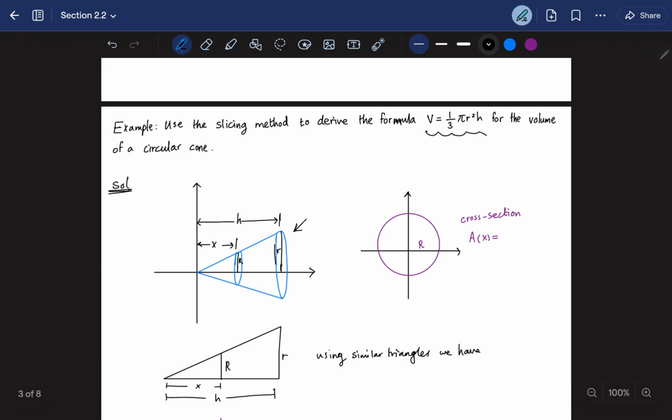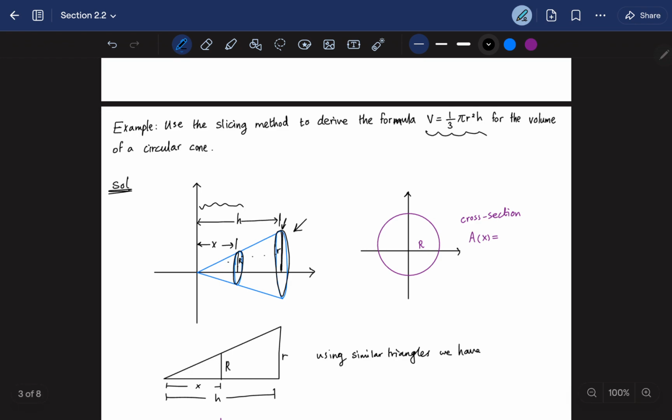If you take a cross section here, you're going to have a circle with radius r, for example. But if you take a cross section here, you're going to have another circle, but with a different radius. So that's why I can't just take the area of this circle and multiply it by the height, because at each part, I'm going to have a different radius.